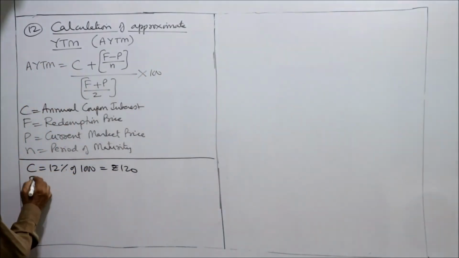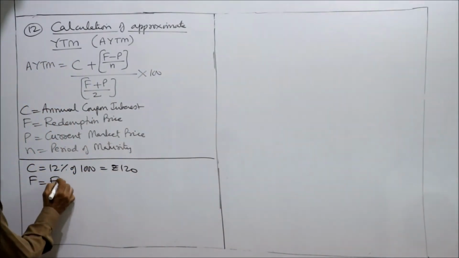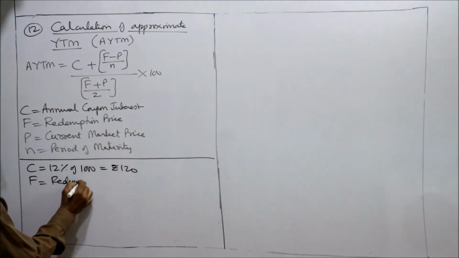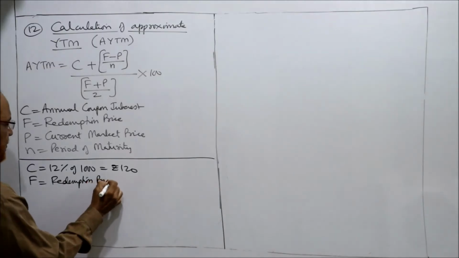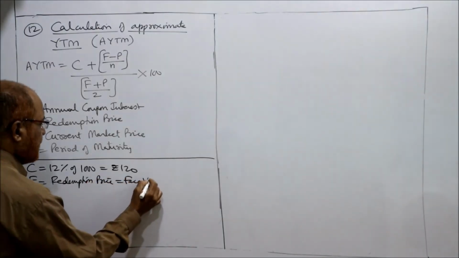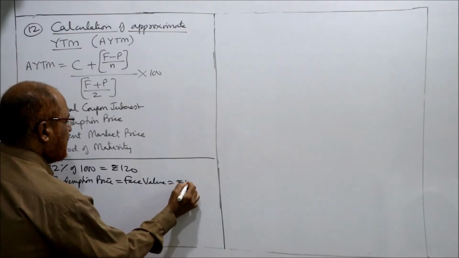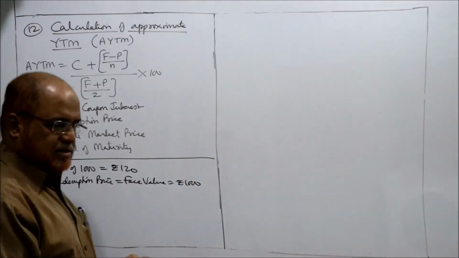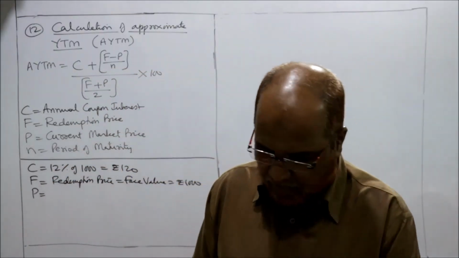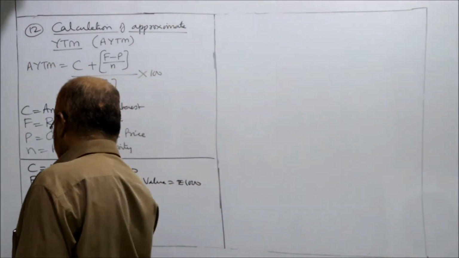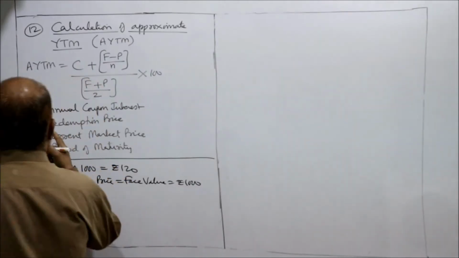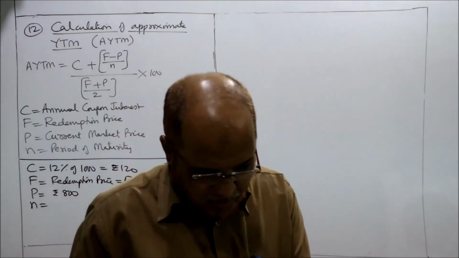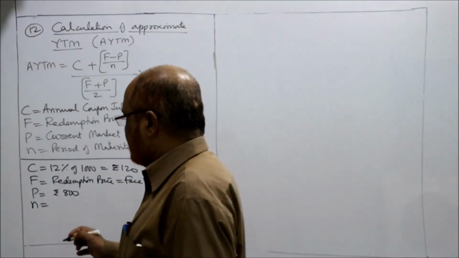Redemption price is the face value, rupees 1000. P is equal to current market price. So current market price is given in the problem, 800 rupees. And last one, N, period of redemption. How many years is the bond? The debenture will be held in 5 years.